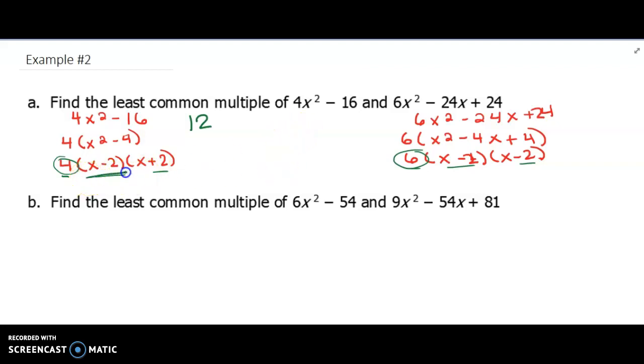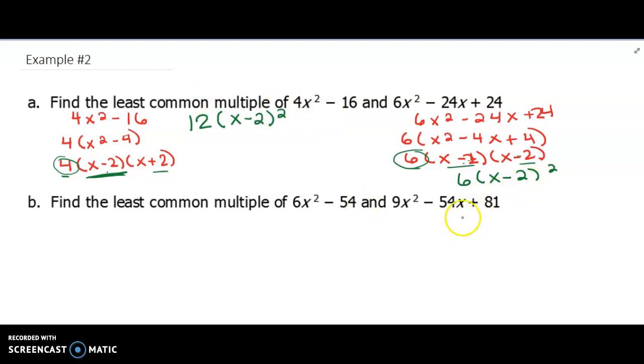Well then I have an x minus 2, and you can think of this as 6 times x minus 2 squared because there's both of them. Now remember, we have to account for everything. So if I have 1 x minus 2 on the left and I have 2 x minus 2s on the right, I have to take the higher of the two, so x minus 2 squared.